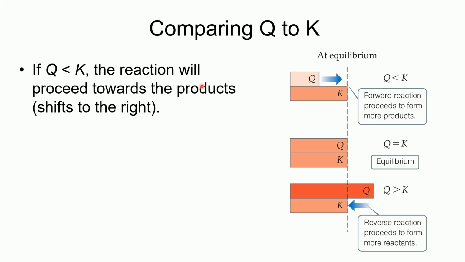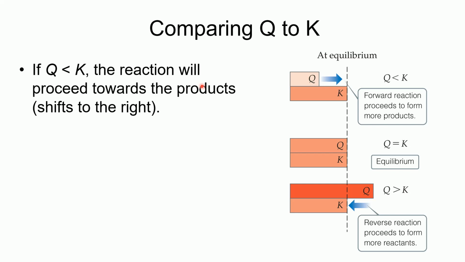In other words, reactants will get converted into products. The concentration of reactants will decrease, and the concentration of products will increase until Q is equal to K. So again, when Q is less than K, the reaction proceeds to the right.